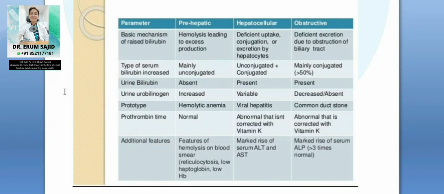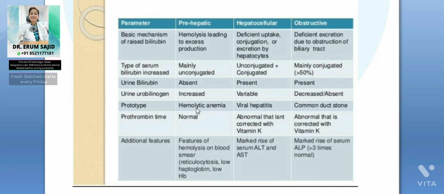And in the DD of jaundice, this is how it goes: the prehepatic, hepatic, and post-hepatic causes. So how would you know it is prehepatic? It is because mainly unconjugated bilirubin is going to be increased. And what could be the cause of prehepatic? Basically hemolysis, hemolytic anemias.